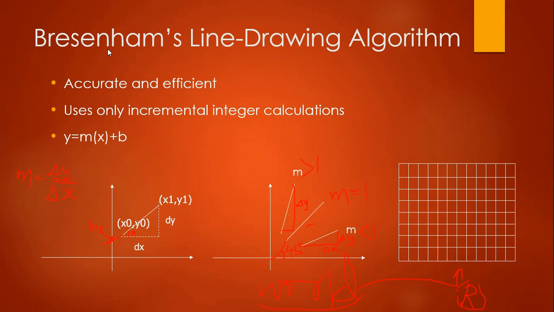Say you have pixel position 2 comma 3. If you start from 0 1 2 3, then 2 comma 3 means you plot the pixel at this particular position.